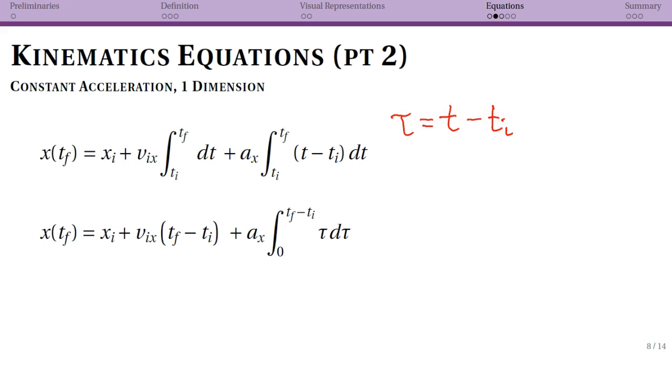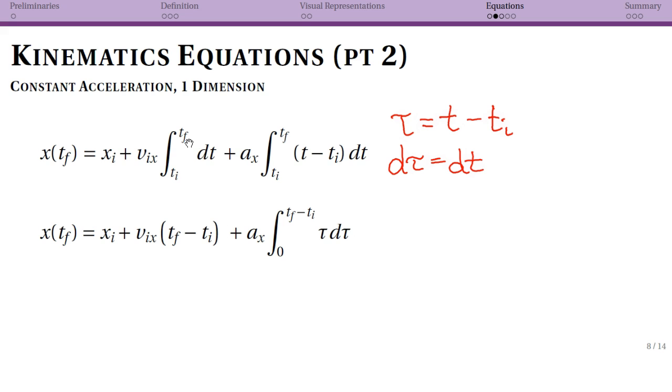Now I can say that d tau is just equal to dt, since t initial is a constant, and then I can change my bounds of integration: when t is equal to t initial, tau is equal to 0. When t is equal to t final, tau is equal to t final minus t initial. So I've just done a change of notation here, which is one approach, to make it clear what this integral is going to do.